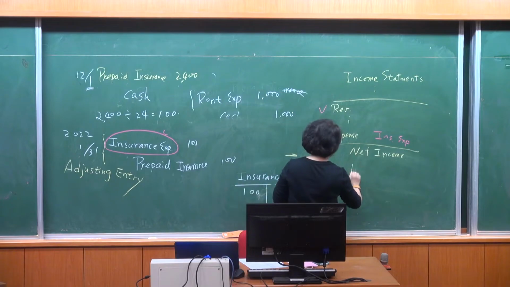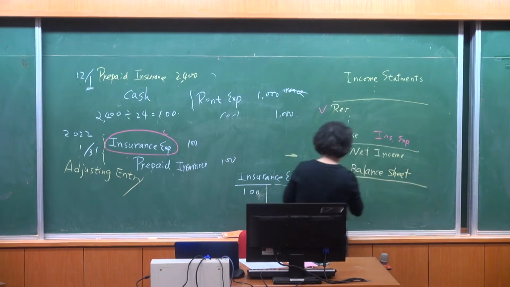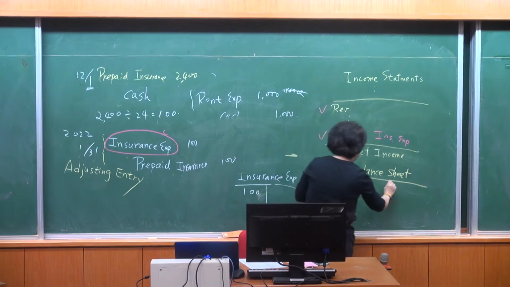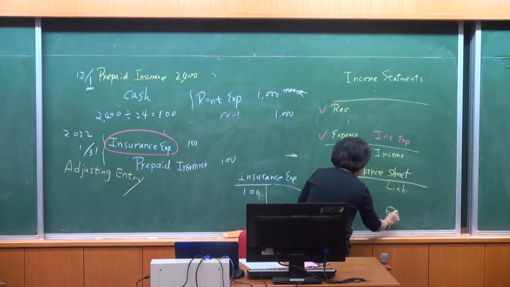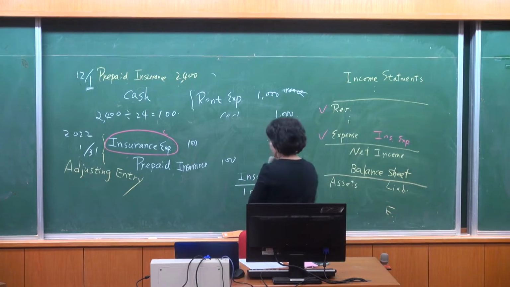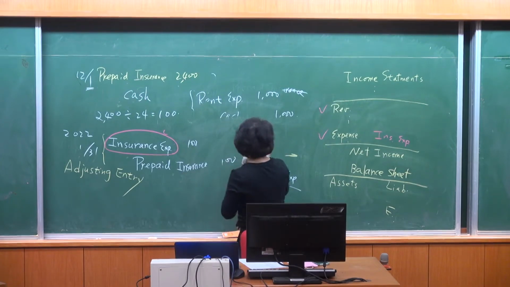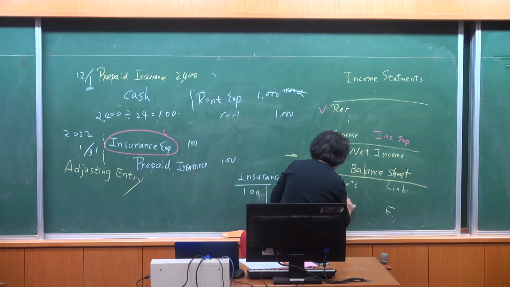In the balance sheet, you will see the asset items, the liability items, or the equity items. Here you have prepaid insurance, so this one goes here. Prepaid is an asset.